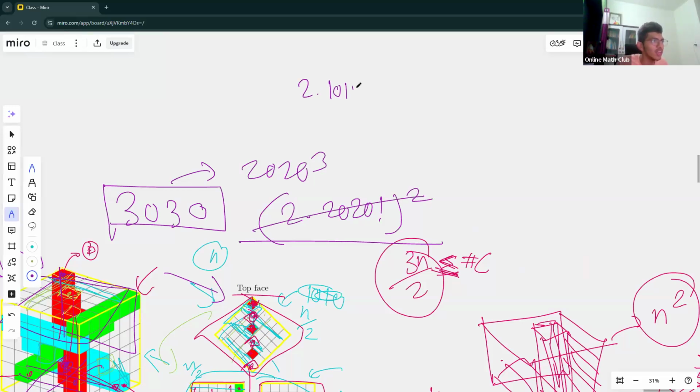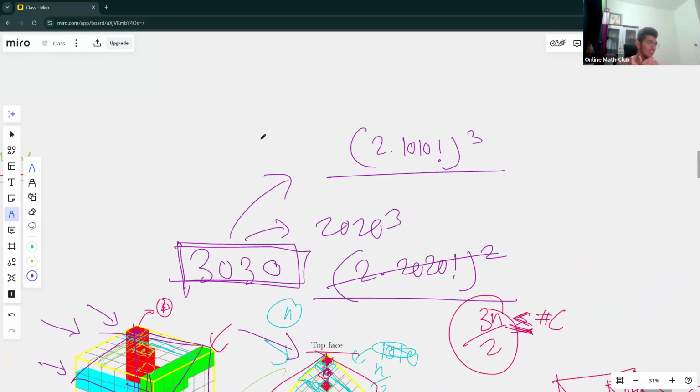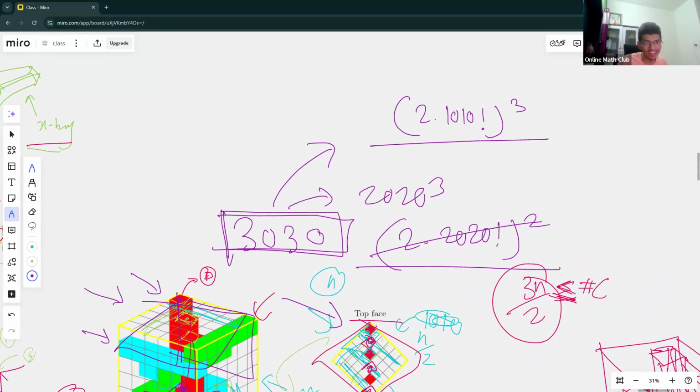There are this many, 2 into 1010 factorial cube ways, to have 3030 beams and construct them in this cube. And I don't know how to do that. This is left as an exercise for you guys. Find how we find this number.